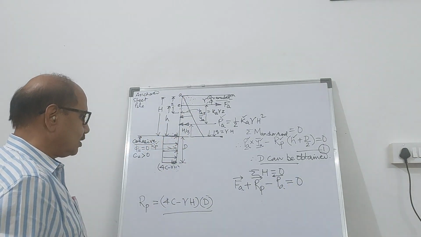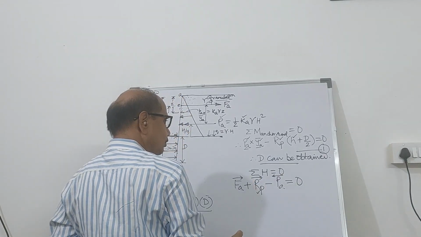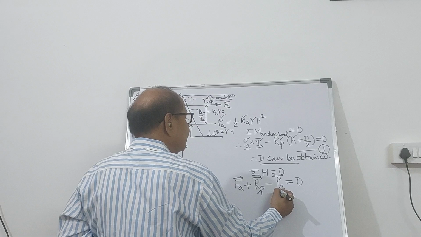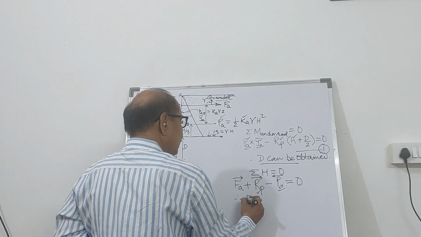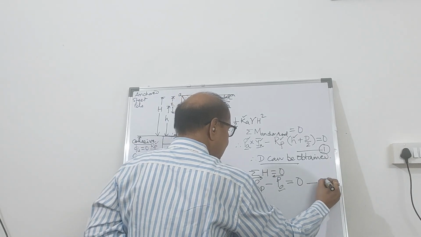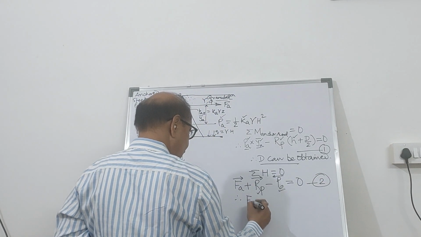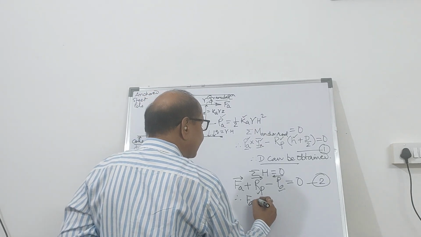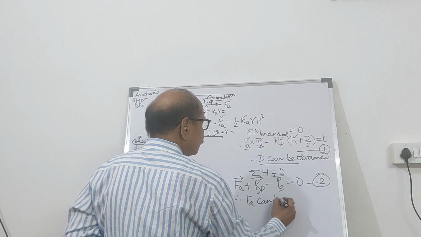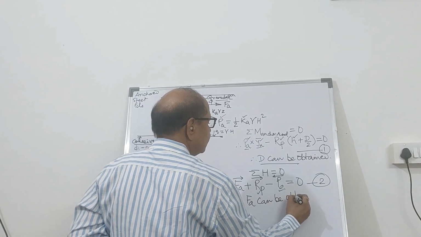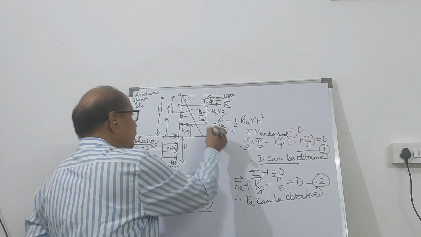Now Rp is already known because D is known. Pa is already known. Therefore, from this you can find out the force in the anchor rod. So Fa can be obtained. So Fa is also known.